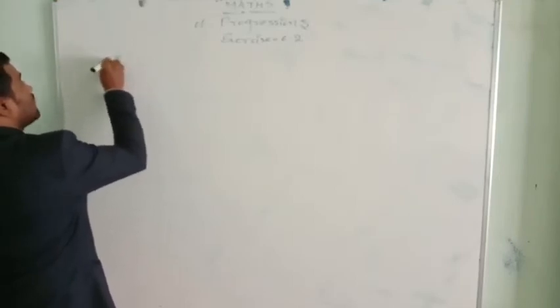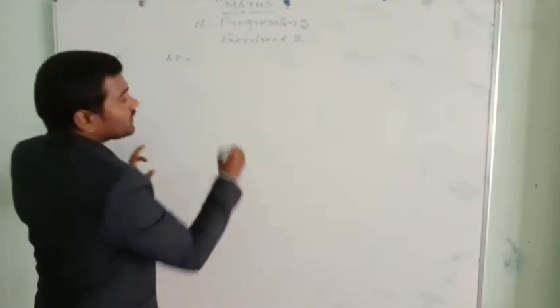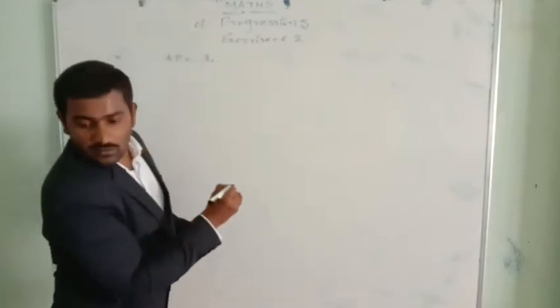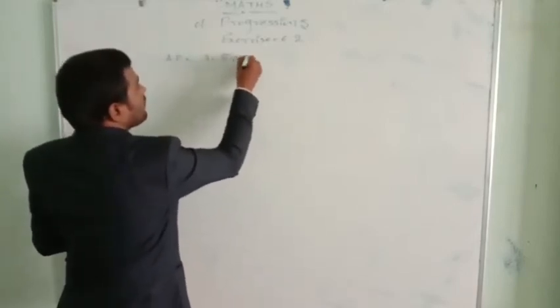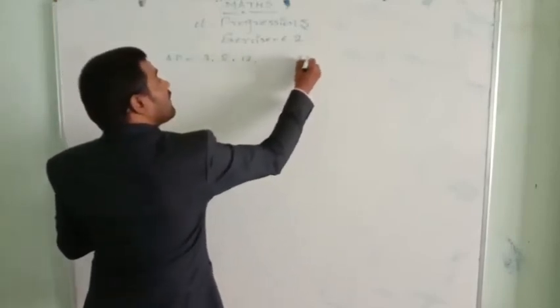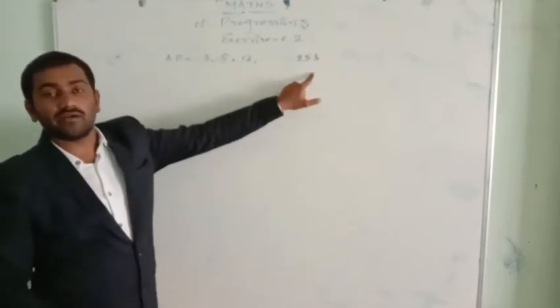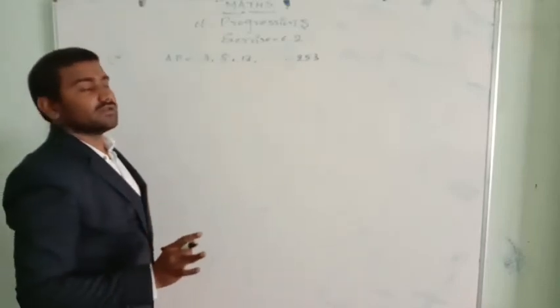Here, the 20th term from the end of the AP, the arithmetical progression. This is the 15th question. What is the arithmetical progression here? 3, 8, 13, and so on, up to 253. What is the 20th term from the end? That we need to find out. Simple.